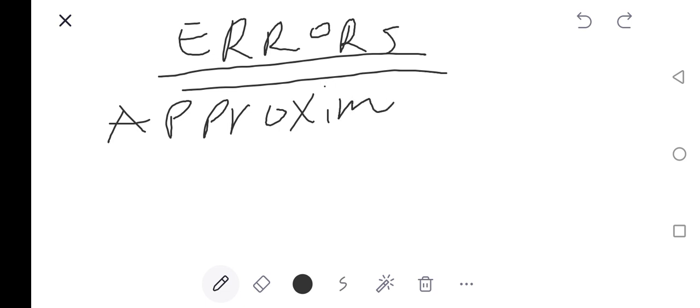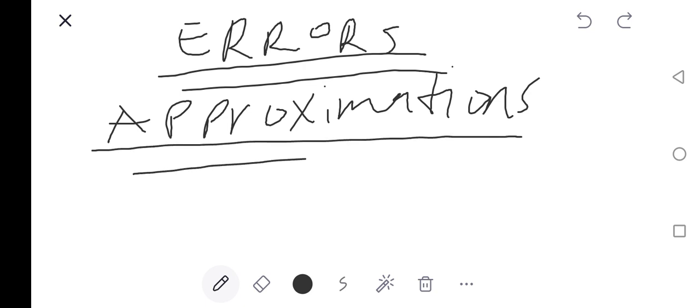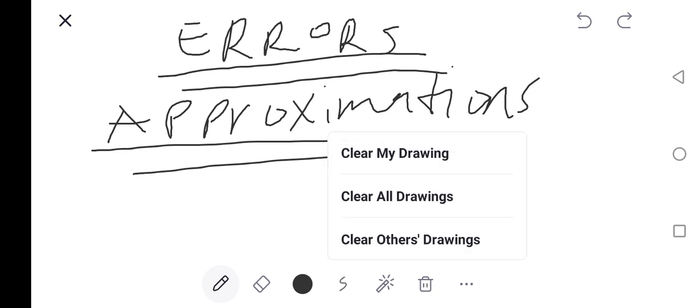We've got a topic called errors, but if you use books like Progress, Longman, it will be written approximations and estimations, or just approximations.